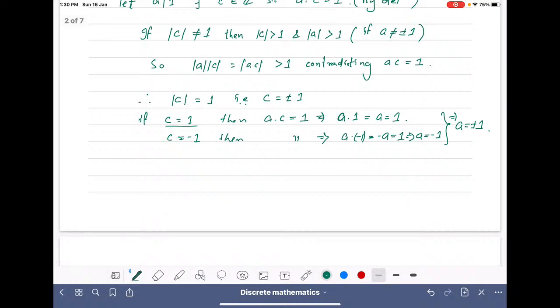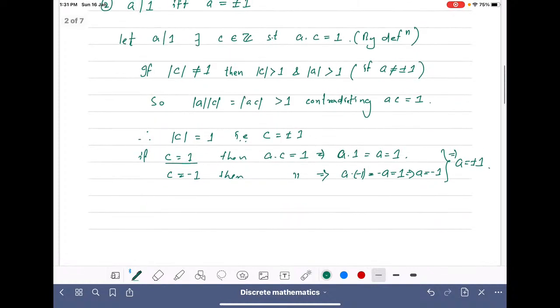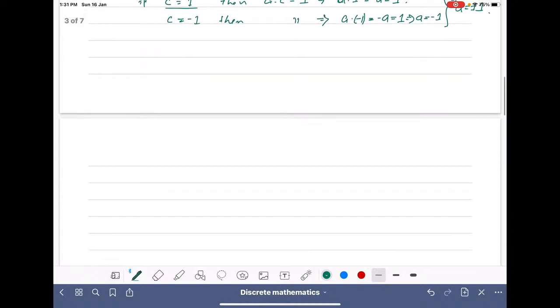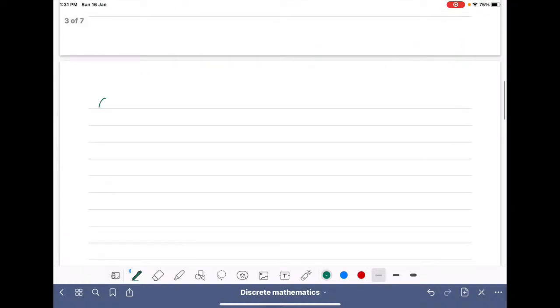So we have to prove conversely also. I think this is if and only if. So conversely, let a equal to plus or minus 1.